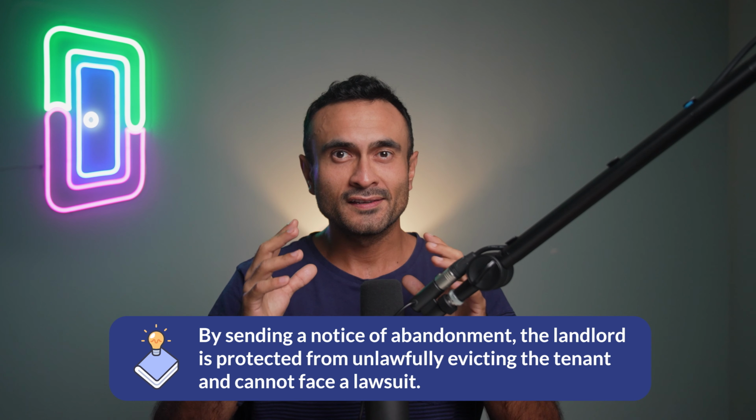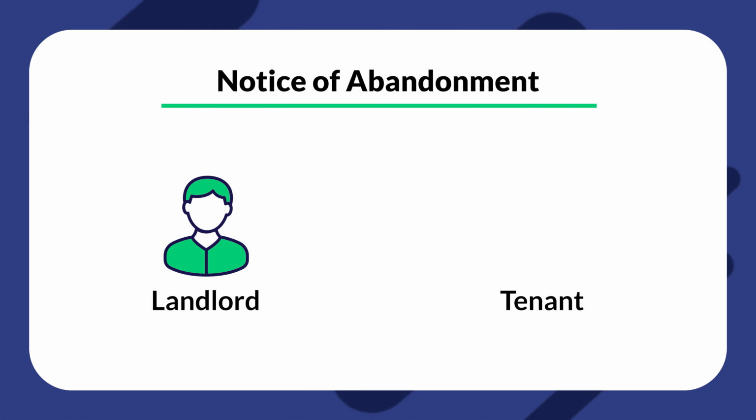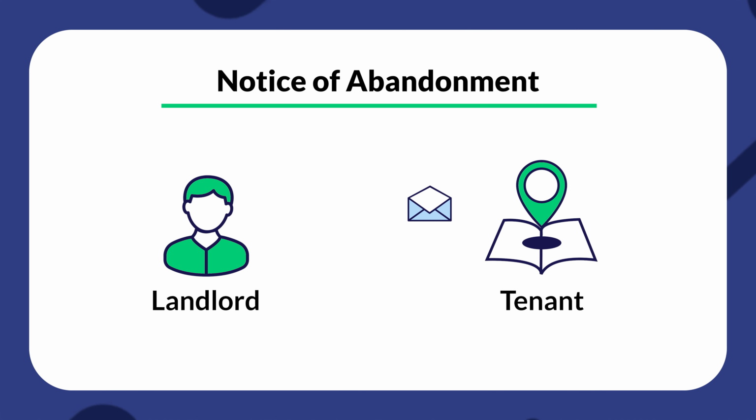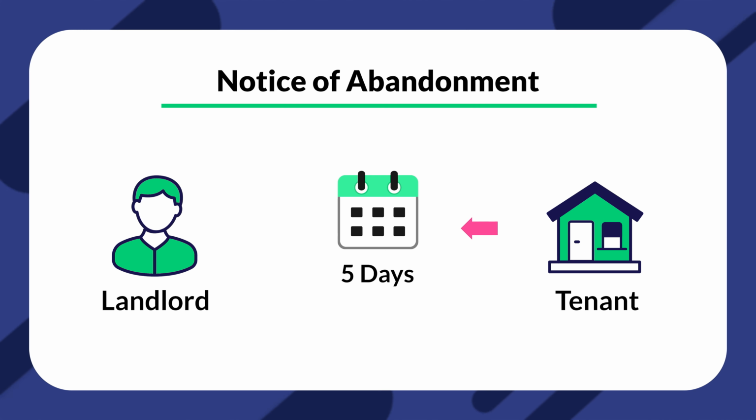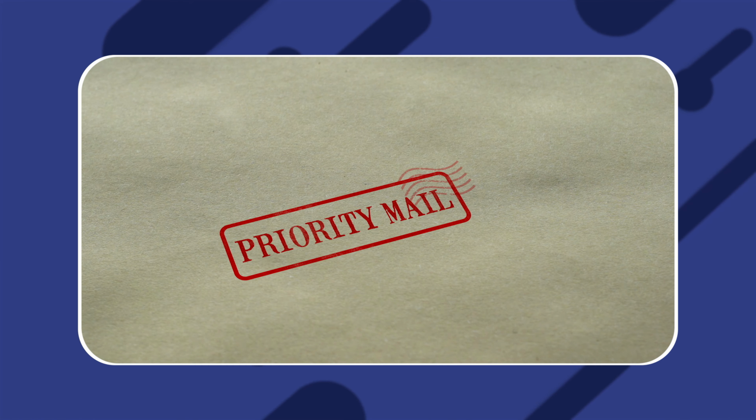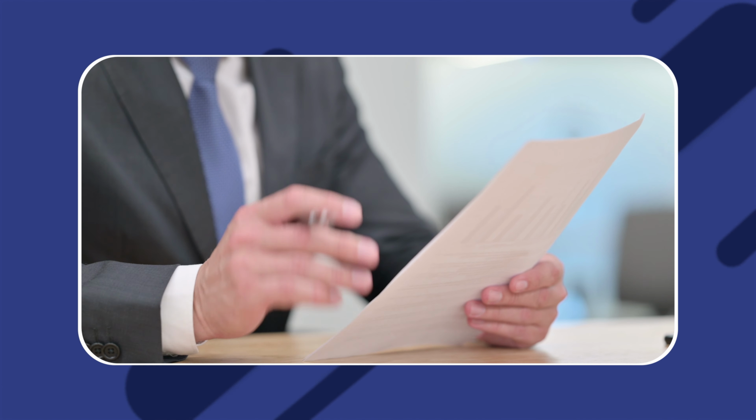Keep in mind that this notice must also be sent through certified mail to any addresses associated with the tenant. You then need to give the tenant 5 business days to respond before moving on with the eviction. To proceed as quickly as possible, most landlords choose first-class mail. However, it is important to realize when a landlord or property manager is actually allowed to issue this notice.